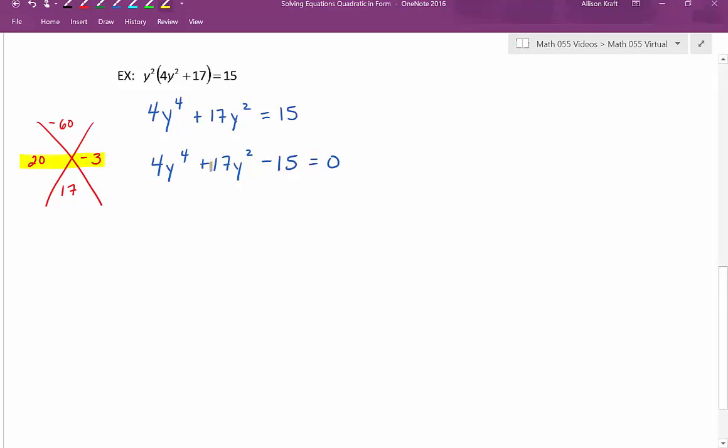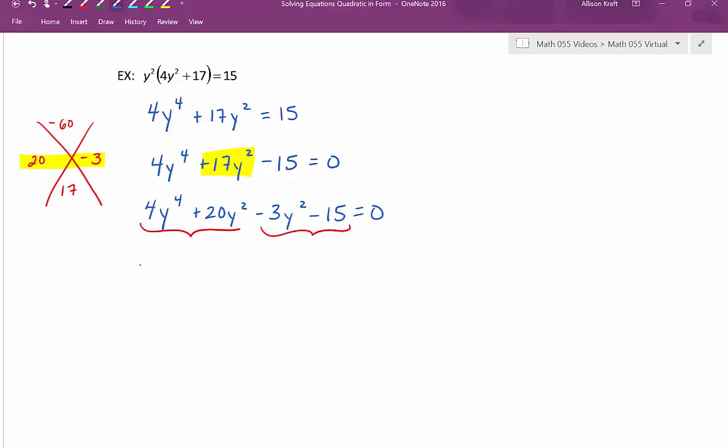We'll use these numbers to strategically uncombine our middle term. We get 4y to the fourth plus 20y squared minus 3y squared minus 15 equals 0. We'll factor by grouping.